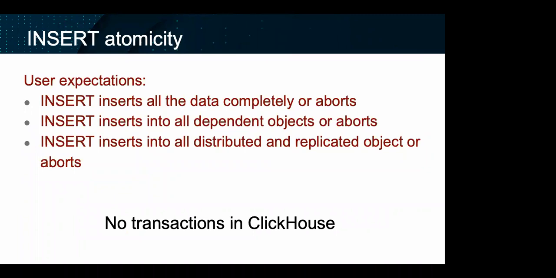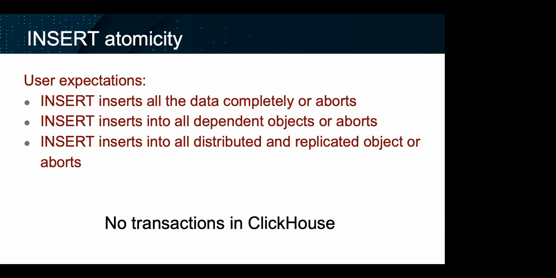So the next big topic is insert atomicity. If we lay out user expectations, users expect that an insert writes all the data completely or aborts. Inserts write all the data to all dependent objects, materialized views, and so on, or abort. Inserts write to all distributed and replicated tables or abort.